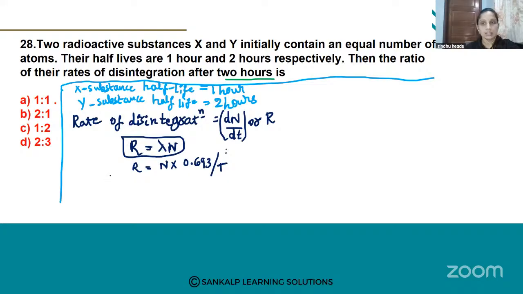N is nothing but the number of substances at a time T.